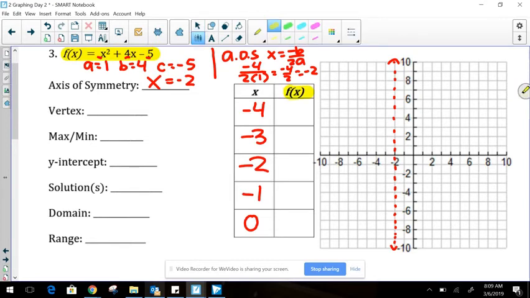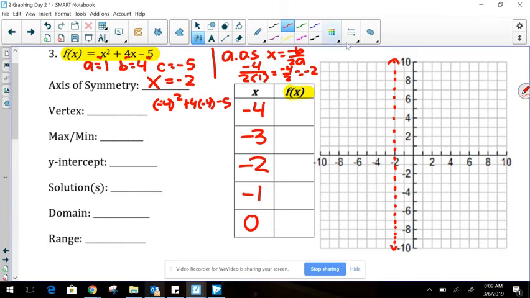All right, so negative 4, I'm plugging in. Oh, that's not what I want. Sorry. Okay, here we go. I have x squared plus 4 times x minus 5. So this negative 4 is being plugged into both spots. You have to use parentheses when you are squaring these numbers.